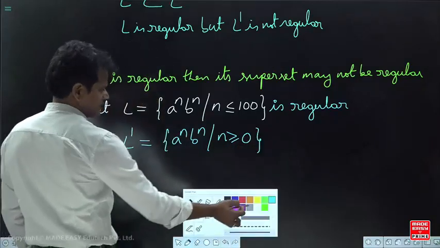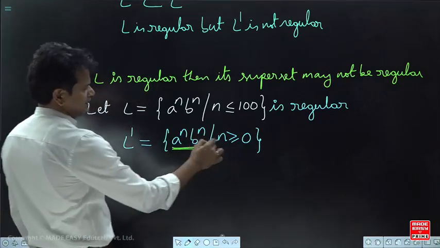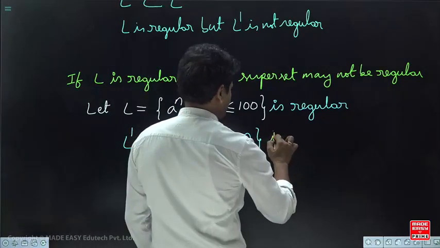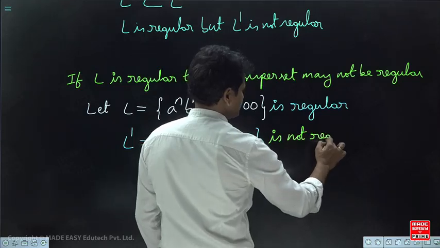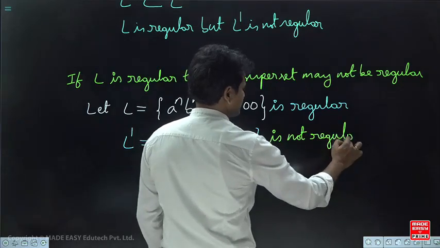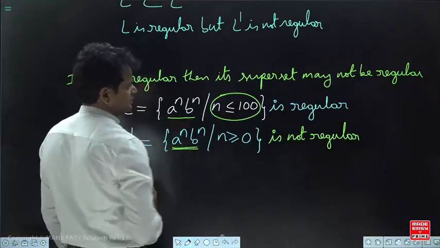Here the relation a^n b^n is infinite, so it is not regular, whereas here the relation is finite, so it is regular.